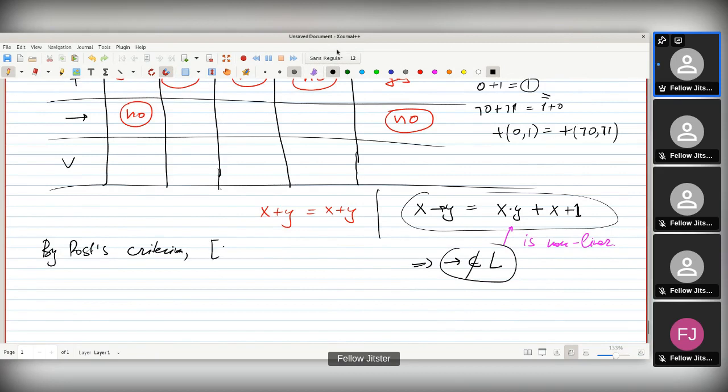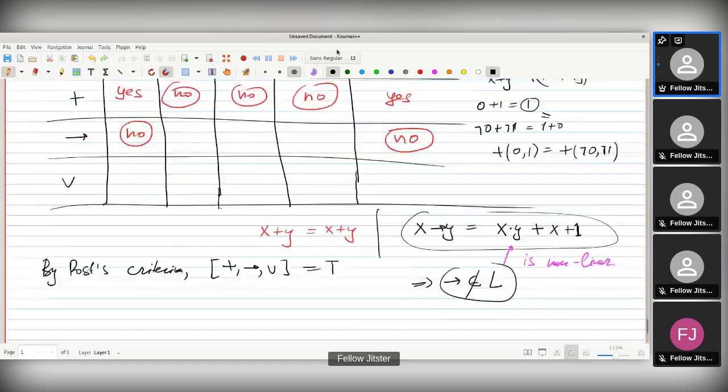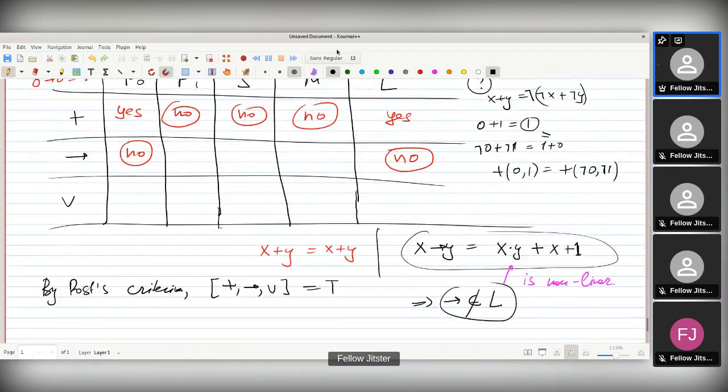Moreover, we haven't even used disjunction. So even a smaller system is complete.